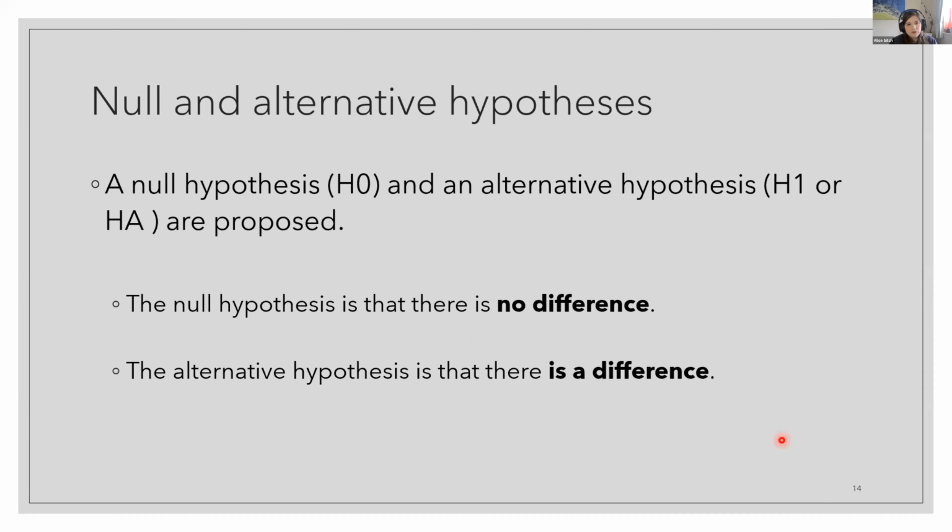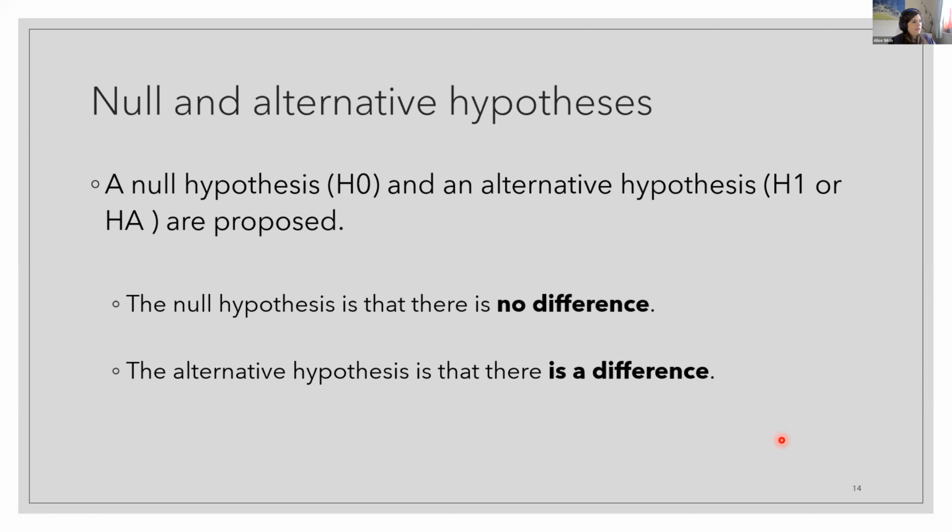There are some very special kinds of studies where you might specify the direction of the effect, but in most studies that isn't the case. In most studies that are set up, our null hypothesis is that there's no difference, and the alternative hypothesis is simply that there is a difference, and we don't specify the direction of that effect.